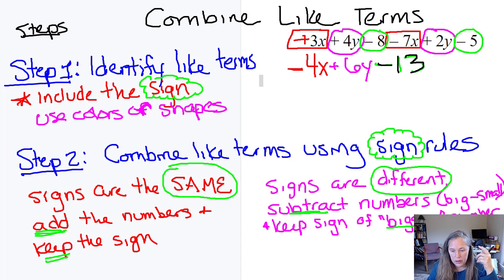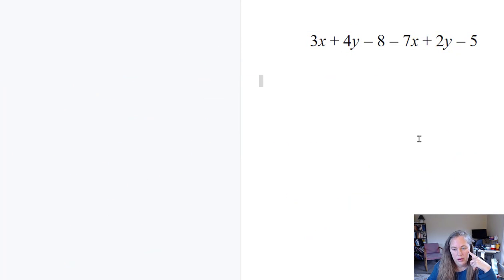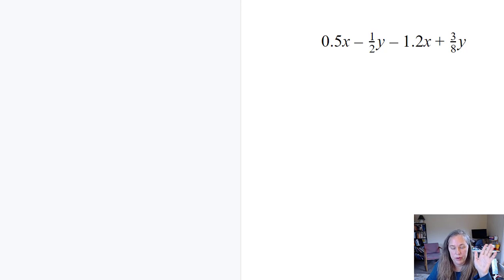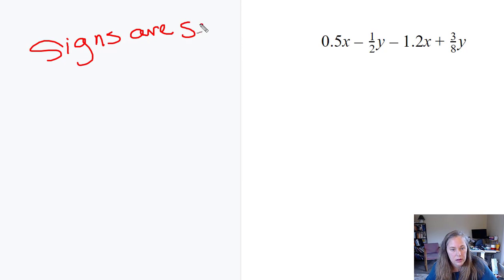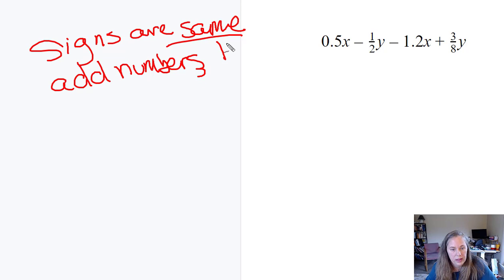Before I let you go, we're going to take a look at one with fractions and decimals. So just give me a second to get that set up. Okay, so when you see one like this, you might freak out. You don't need to freak out. You can just remember when signs are the same, you're going to add the numbers, keep the sign.